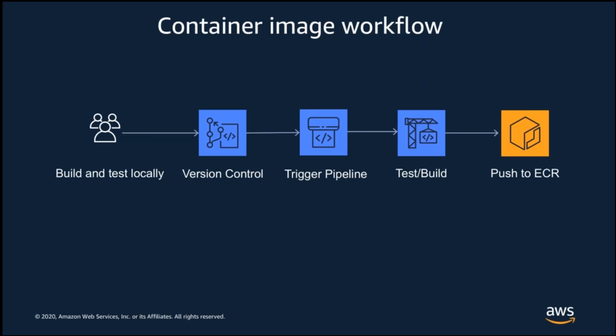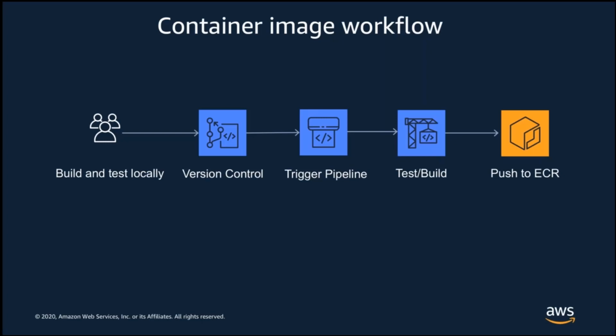So the developer is iterating locally, they test locally against that Dockerfile, and they're ready to submit their code to go through the pipeline and get built. Typically there's version control. A pull request is submitted to a Git repository. There's peer review, and once that code gets merged, a pipeline automatically gets triggered that will start to run tests on the code, tests against the Docker image, build that Docker image, and then push it to a container registry.